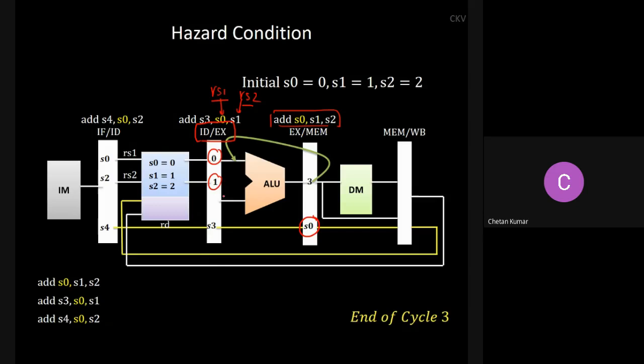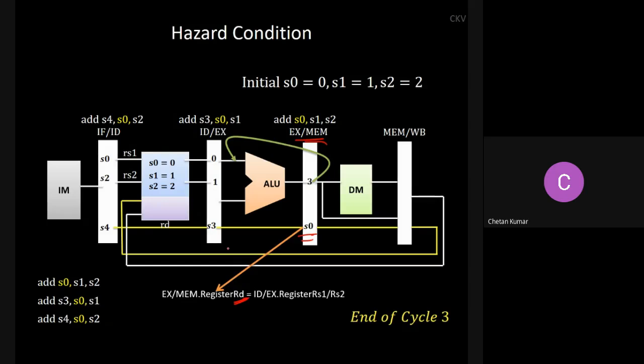But here I have no way of knowing it. So I have to slightly modify the data path. You're checking the EX/MEM destination field, and you're supposed to check the ID/EX instruction's source 1 or source 2 field, but none of these fields are actually available in this data path. So I have to slightly modify it.